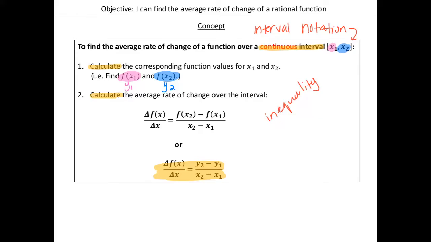Inequality notation is going to be like x1 less than or equal to x less than or equal to x2. But just know it means the same thing. The x1 is basically just whatever the first value is on the interval, and x2 is whatever the second value is on the interval, okay? So we'll see it 2 ways in today's lesson: interval notation and inequality notation.